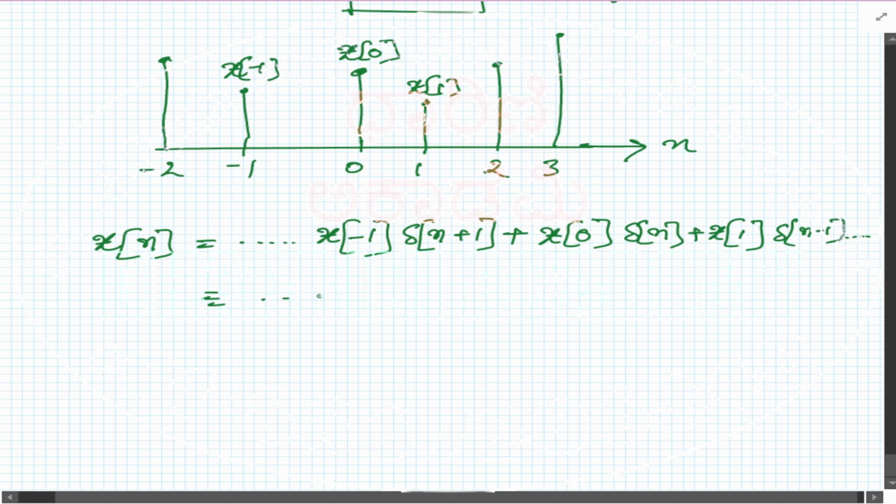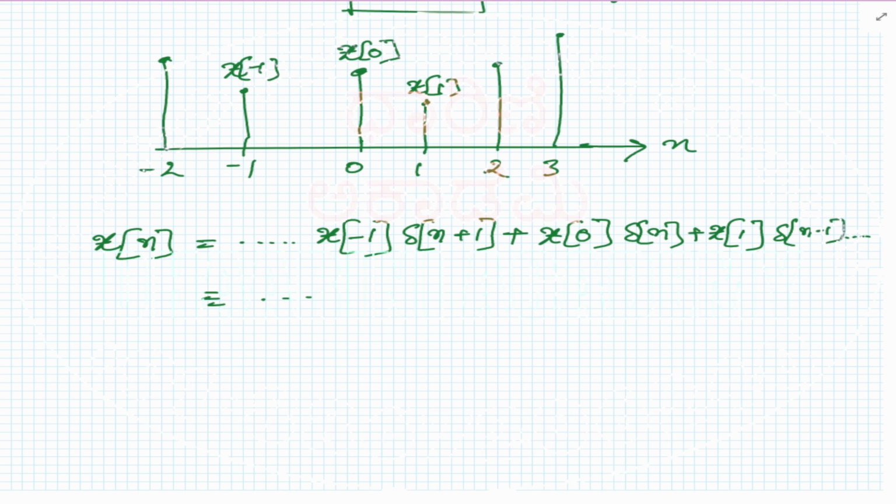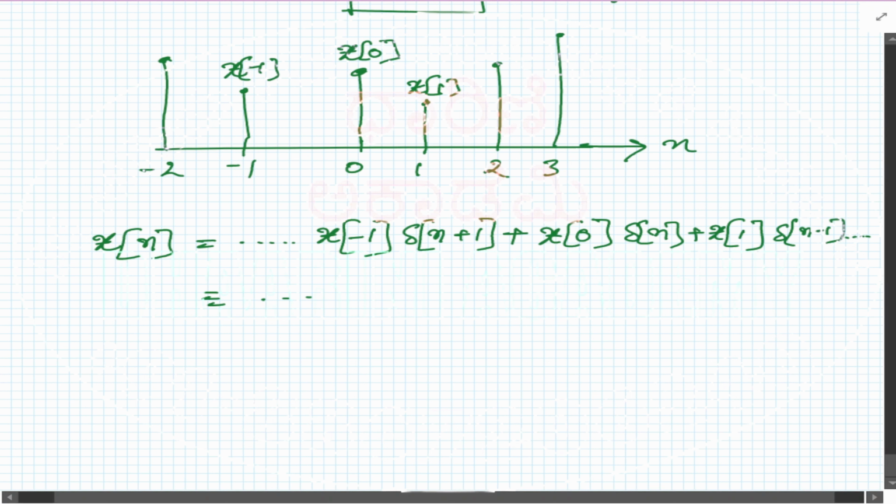This is equal to, say, a minus 1 into a delta function, because this is the constant. Sorry, just a second. Because alpha is my function, I cannot change that. So let me write it as a1. So this is a minus 1, because a into alpha, that's what we wrote earlier: a minus 1 alpha minus 1, a naught alpha naught, plus a1 alpha 1, plus dot dot dot. You can compare, right?